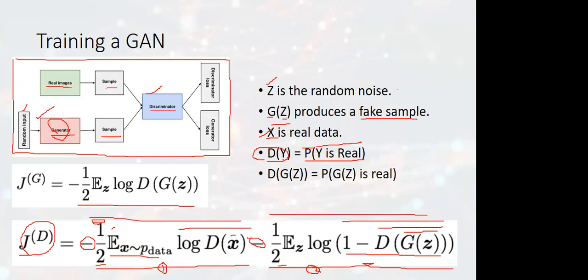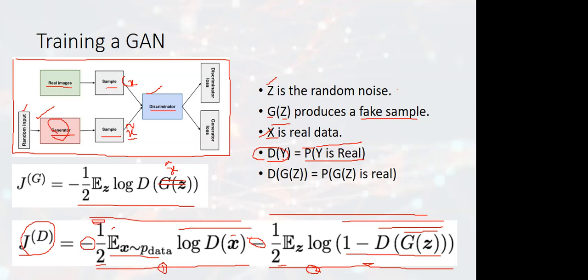Okay. So let's just call this term x tilde. Let's say this term is x, and this sample is x tilde. I'm writing with my mouse, so it's really bad. So a real sample is x, and a fake sample is x tilde.